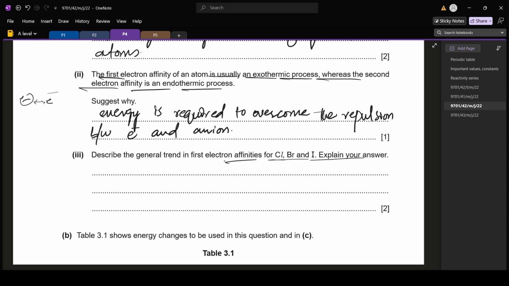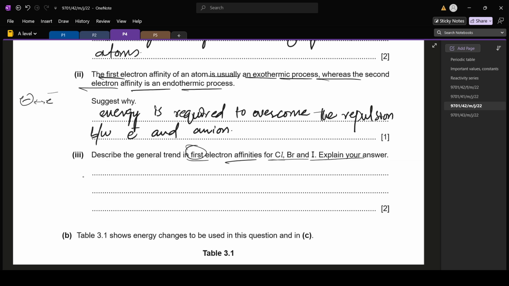The first electron affinity decreases down the group, because down the group the shells increase, so the distance between nucleus and the valence electron is very large, so the nucleus attracts the incoming electron less. So there is less attraction between nucleus and incoming electron.